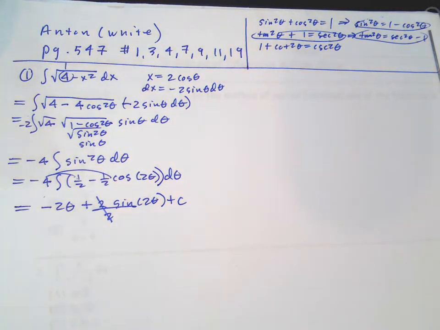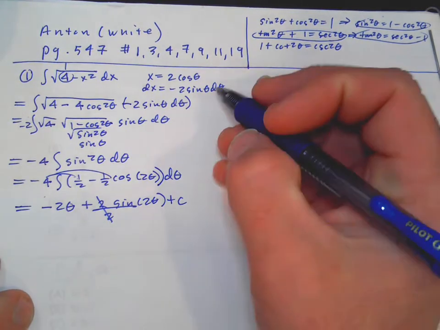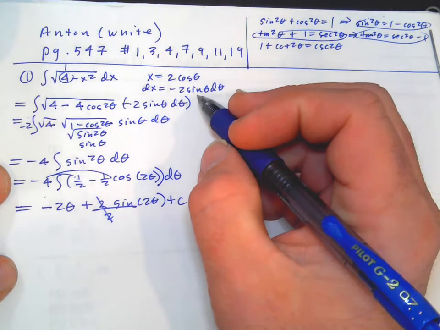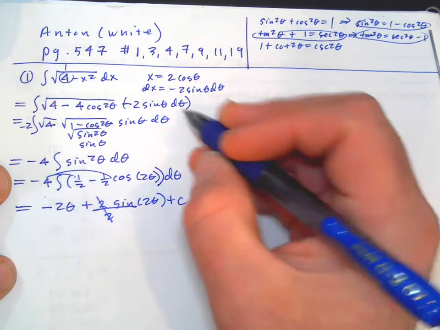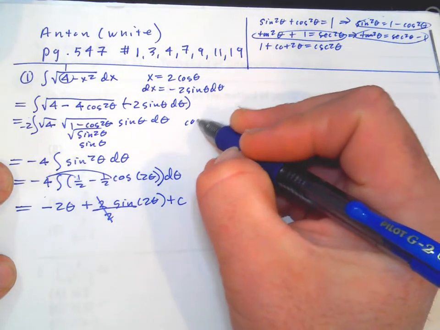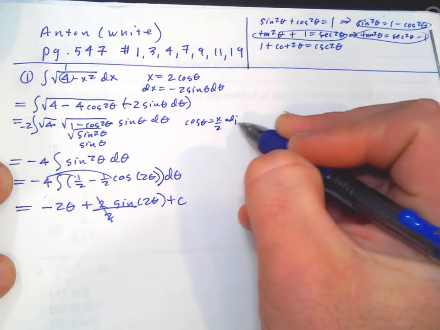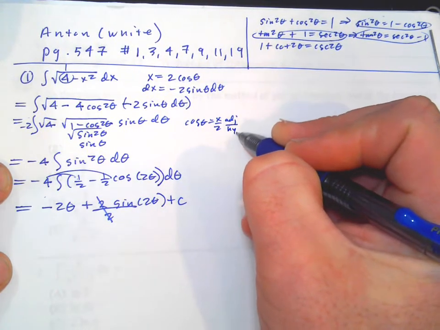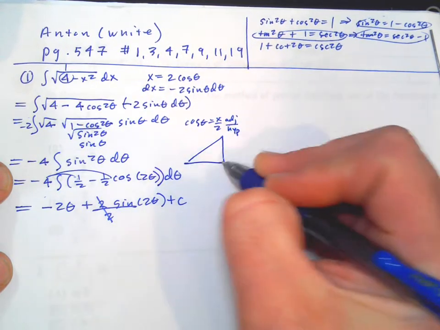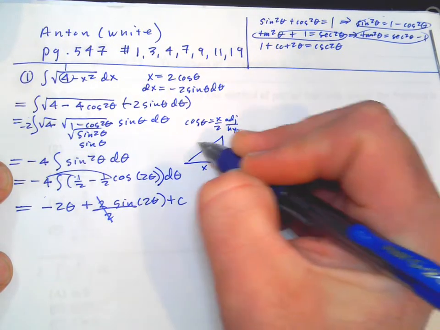Now we have to put it back into x, and so we're going to use this up here, and I'll probably draw a little picture. I'm going to say, well, cosine theta equals x over 2, which is adjacent over hypotenuse. I can draw a little triangle here, adjacent over hypotenuse.